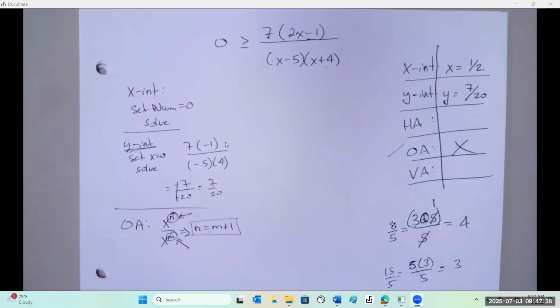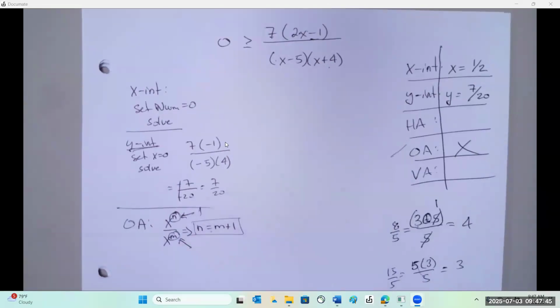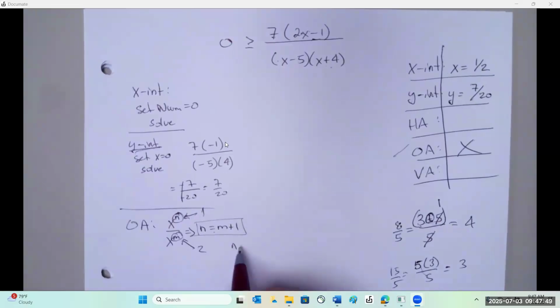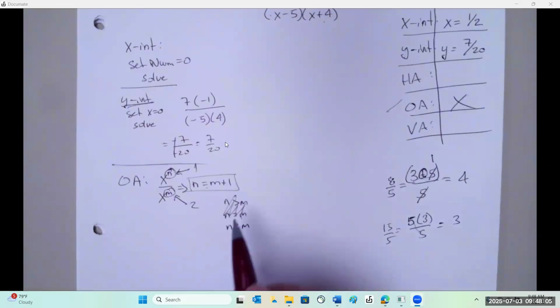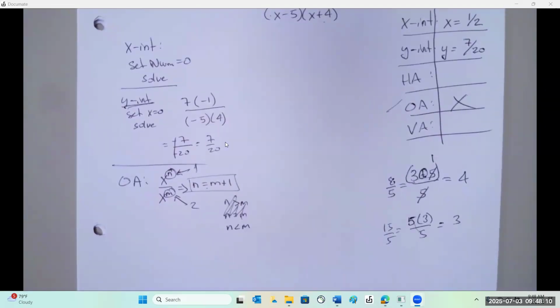Look at the conditions. How many x's do we have on top? How many on the bottom? Which one of these three conditions is it? Top, middle, or bottom? So in your notes, what is it when n is less than m?